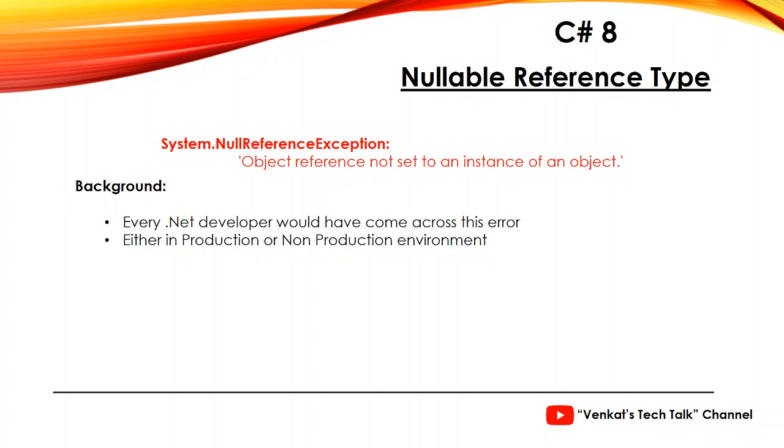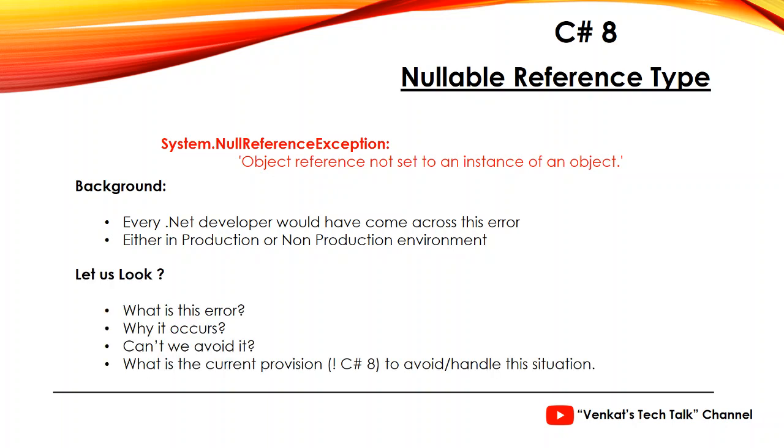Let us look at a bit of background to understand this issue, and then we will be able to look at this new feature and understand how it tries to resolve this issue. So basically, let us look at what this error is, why it occurs, can't we avoid it, and what is the current provision or mechanism we can use to avoid this error without C# language version 8.